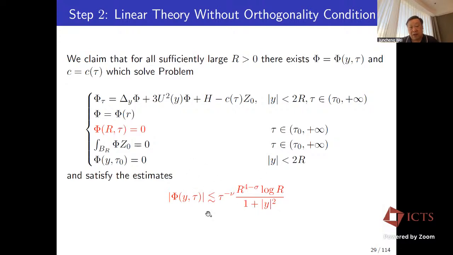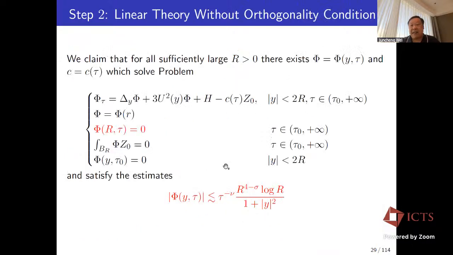So this is the main estimate, with the differential boundary condition. Why do we put the differential boundary condition? Because we want to obtain some L2 estimate or some quantitativity.